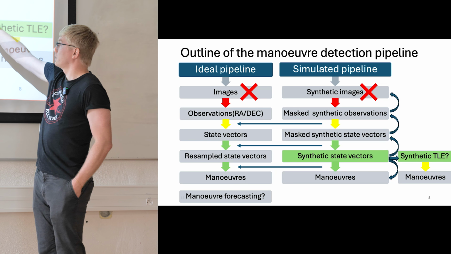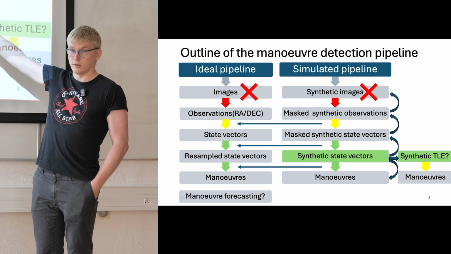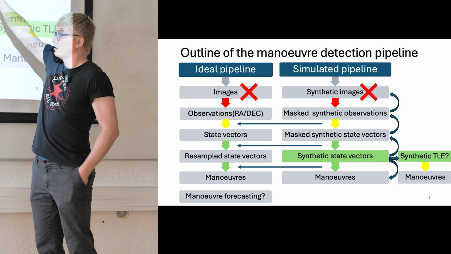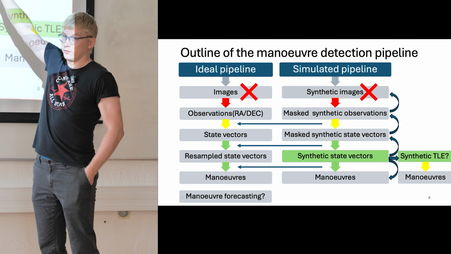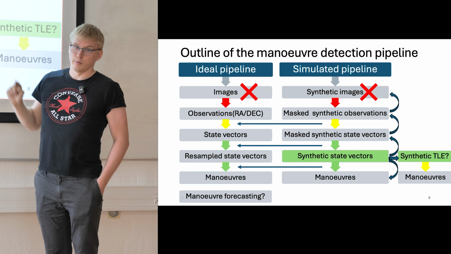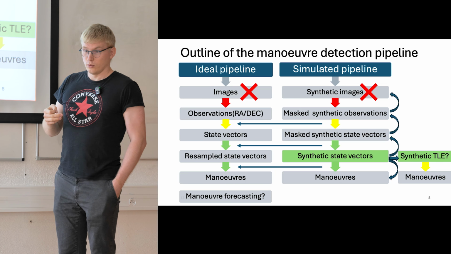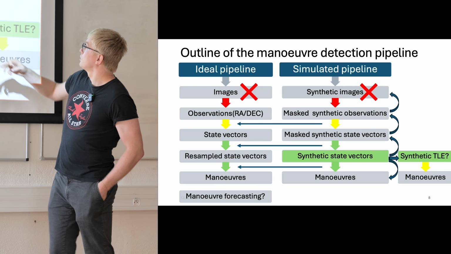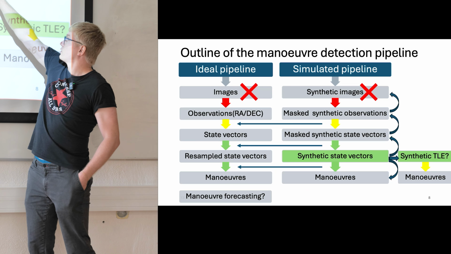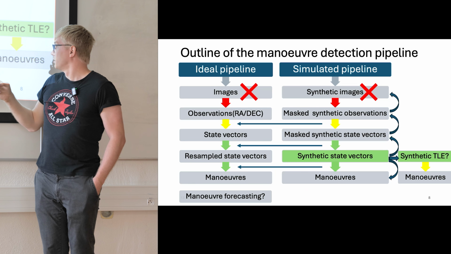From this, we can use masking to simulate synthetic observations, and we can go all the way back to right ascension and declination and even to images. Since orbit determination is a rather well-tuned process, we do not want to go all the way to images, so we just go to right ascension and declination as the synthetic observation.